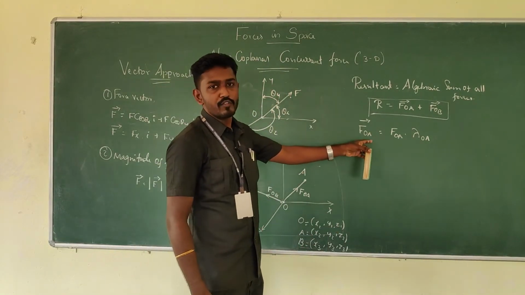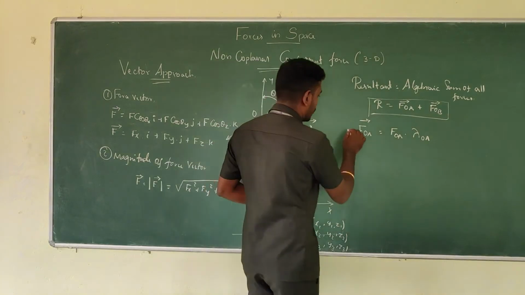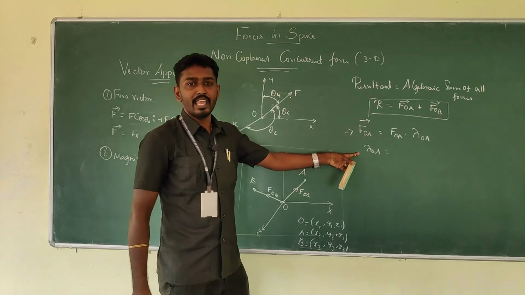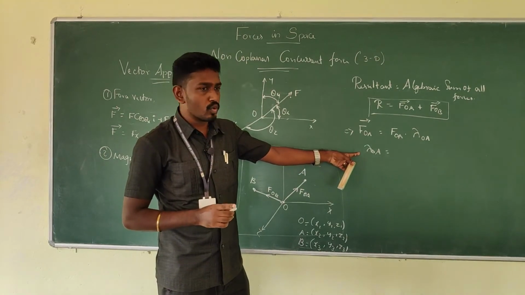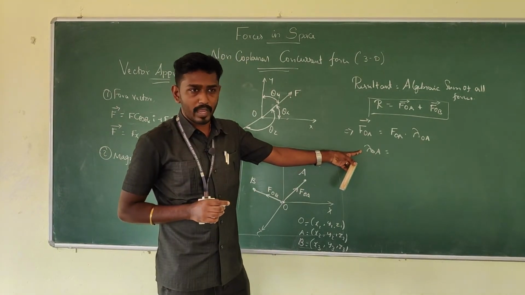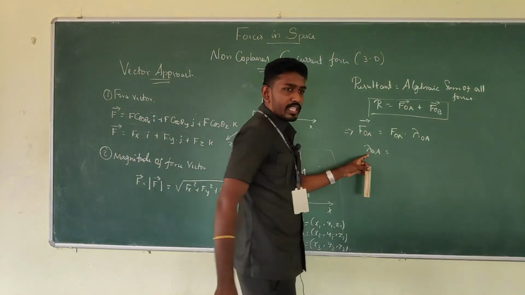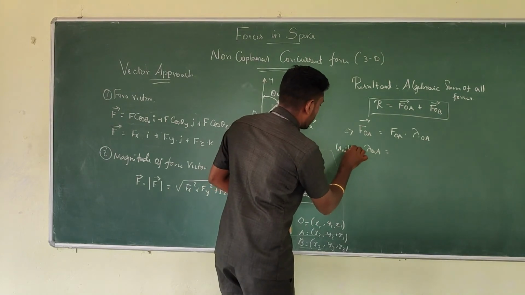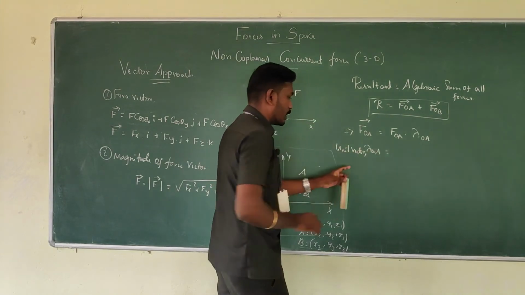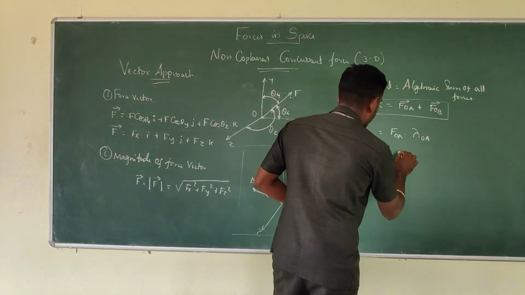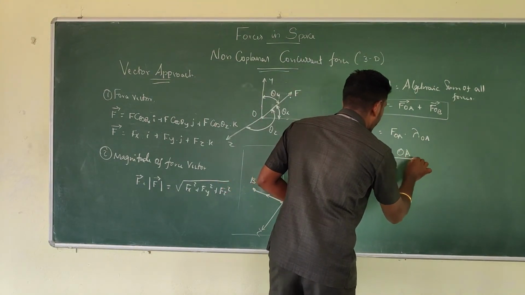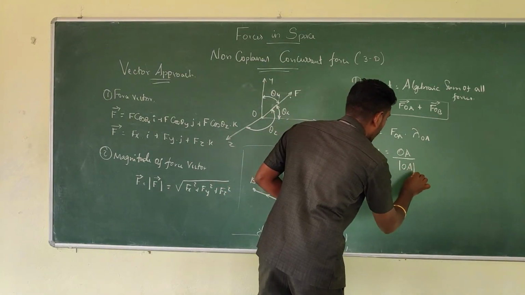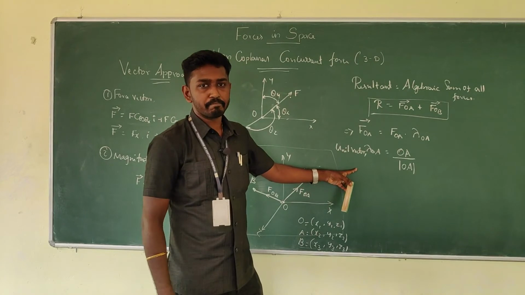What do you mean by unit vector? Unit vector in the sense, it's nothing but a vector whose magnitude is equal to 1. Always the magnitude of a unit vector will be a positive 1. Okay. So here the formula for the unit vector is OA divided by modulus of OA or determinant of OA.